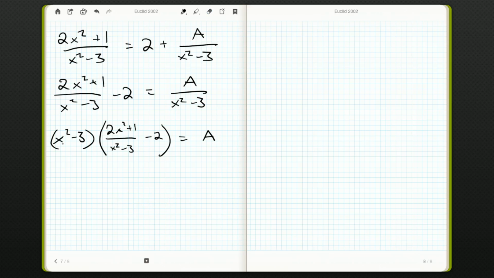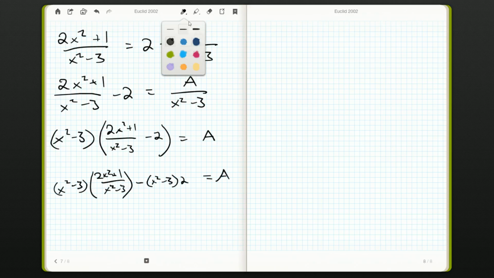So, I have this a over here. He's just going to stay there. And I can multiply x squared minus 3 by this, (2x squared plus 1) over (x squared minus 3). And then minus, I'll do x squared minus 3 times 2 over here. So let's clean this up a bit. Those cancel out, and we're left with 2x squared plus 1.